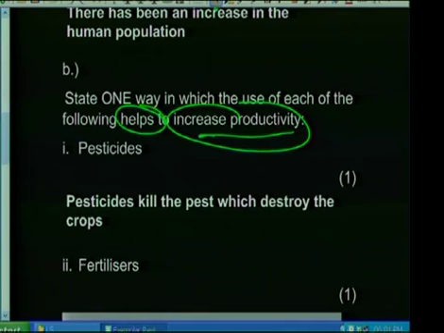Obvious, we get rid of the pest. So if we get rid of the pest, then the crop will grow better. So pesticides kill the pests, which normally destroy the crops. And if we take the pest out of the equation, then the crop will be able to grow better. We didn't ask in this question for the disadvantage of that. We only asked about the advantages.